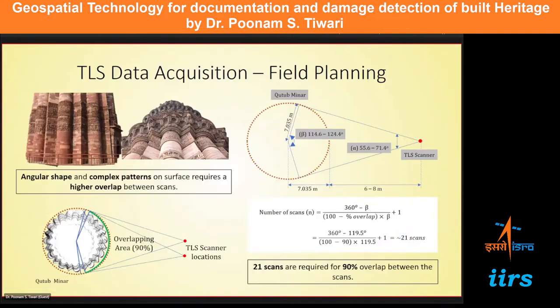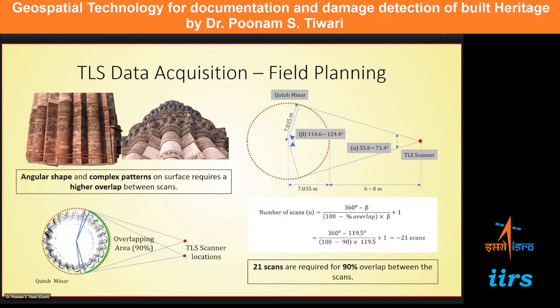Anyhow, using one single scan of terrestrial laser scanner, you cannot cover the entire minar, and there were a lot of complications because of the angular shape and the complex pattern of the minar on the surface. Because of such shape and patterns, we require a high overlap between the scans.